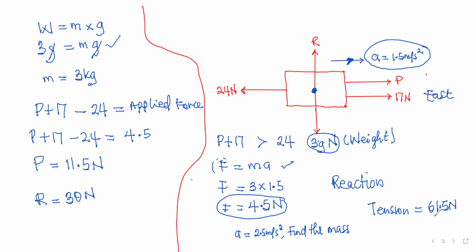If the acceleration of the object is 2.5 meter per second squared, find the mass of the object.